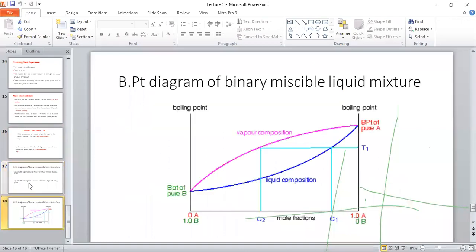Now let's look at the diagram here, when we have positive and negative deviations from Raoult's law.